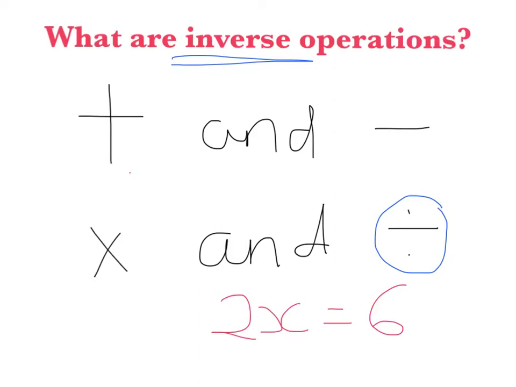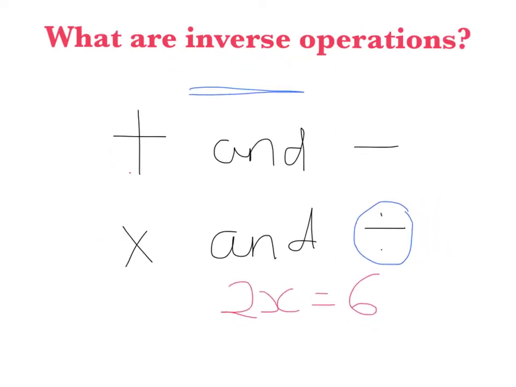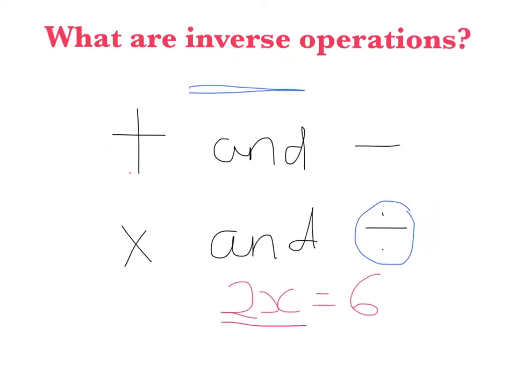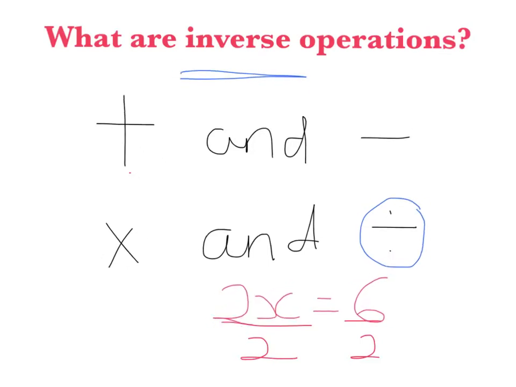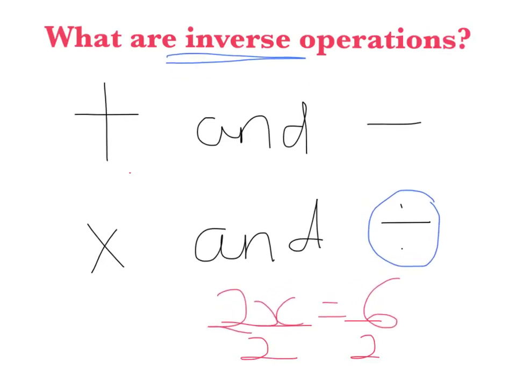If you want to look at the big picture, I'm saying if I have 2 lots of something equals 6, I need to find what one lot is. So I simply divide by 2. I'm dividing this 2x by 2 to find out what x is by itself. I am using the inverse operation, the opposite. That's a key idea.